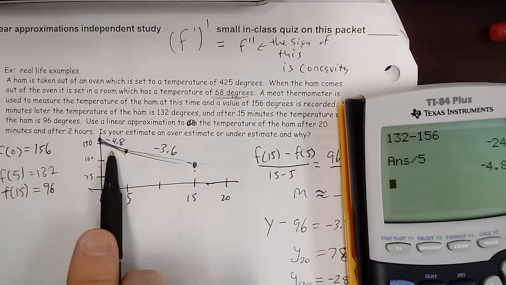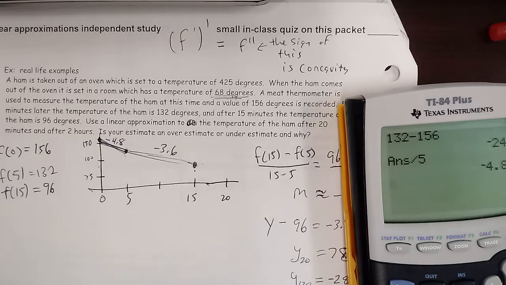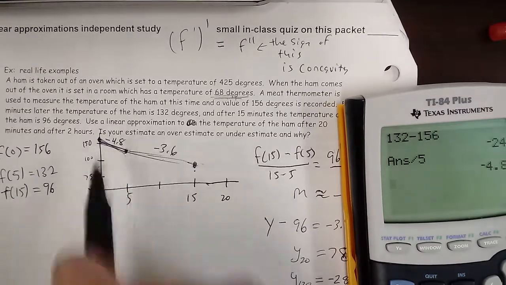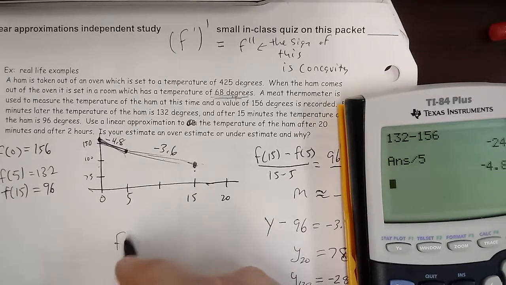Because of that, this tells me that even though it's decreasing... Wait. Oh. I'm overthinking this. I didn't need to find that. Since F prime is decreasing, that tells me... Here, let me write this in words.